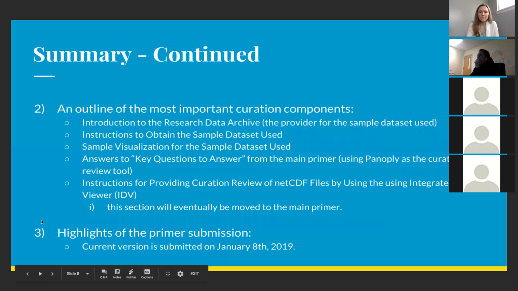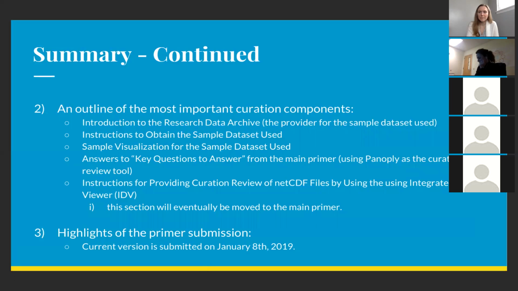Okay, so currently the version of the primer I've submitted includes these 5 different sections. I basically gave quick background information on the main primer by jumping into the research data archive where I got the sample data set from.